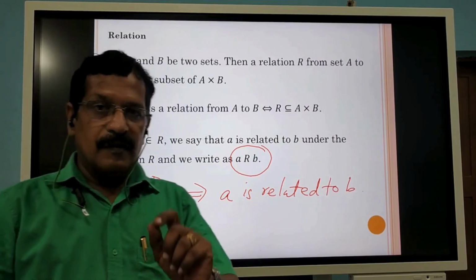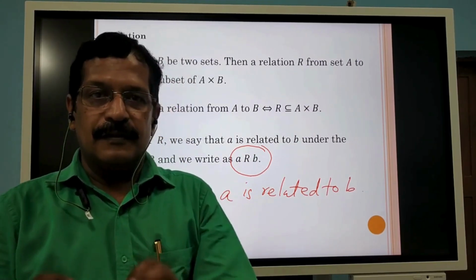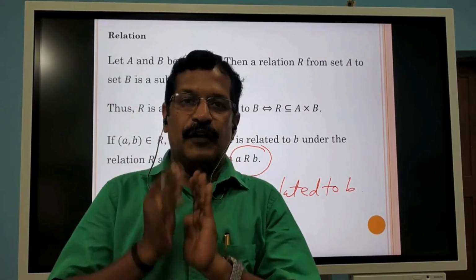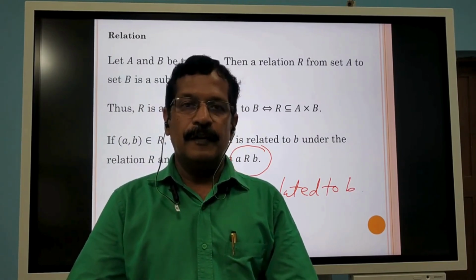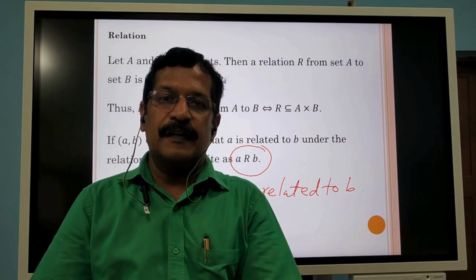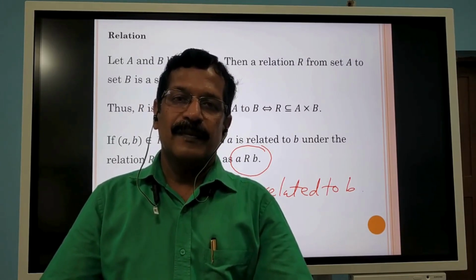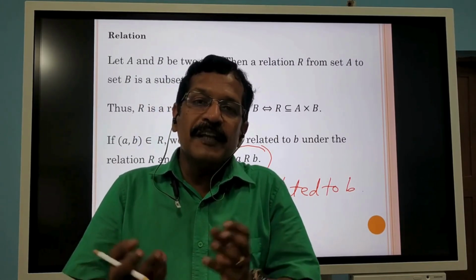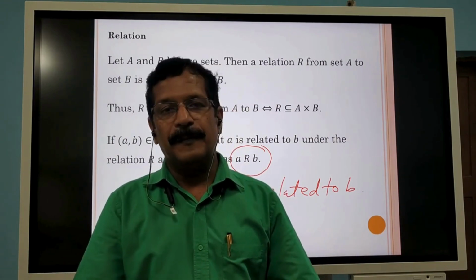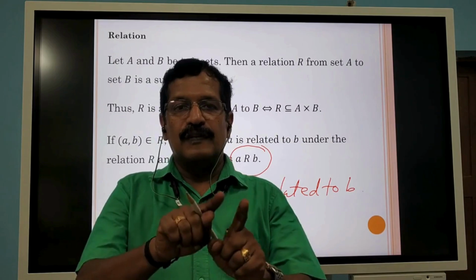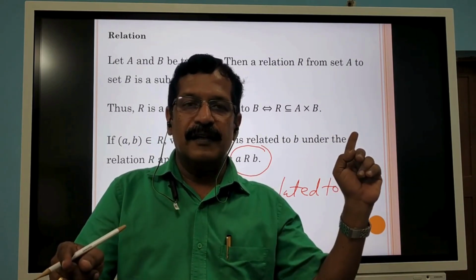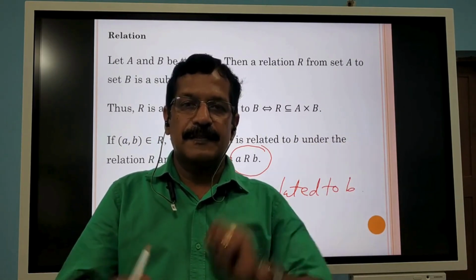Now, another question: suppose A is a finite set containing m elements and B is a finite set containing n elements. Then how many relations are possible from A to B? We just connect it with our 11th class power set.